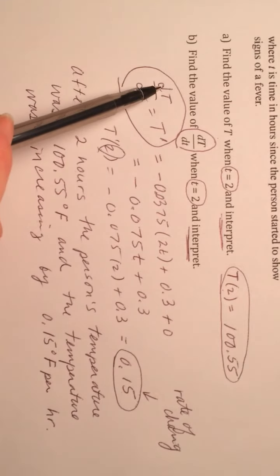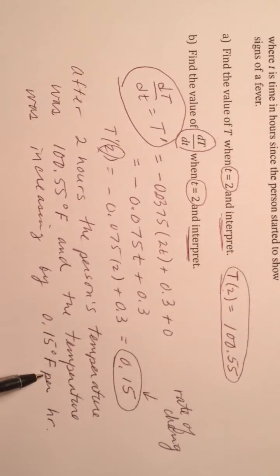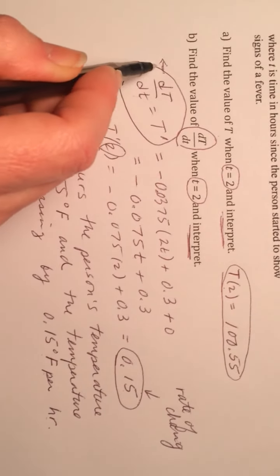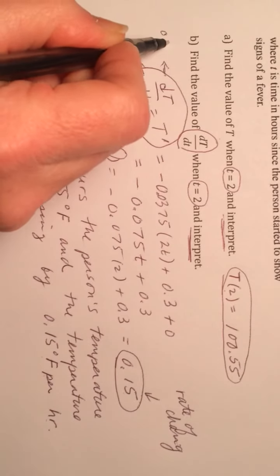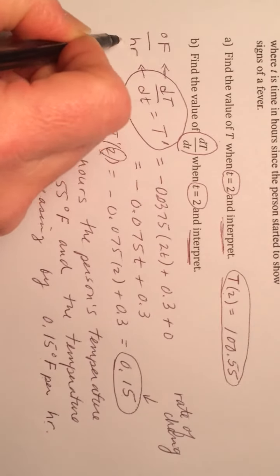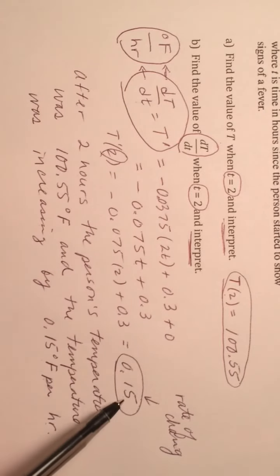That's because d capital T, that's the first thing, that's degrees Fahrenheit, comes first. Per hour, hour comes second. That's the very nice thing about this notation right here. Degrees Fahrenheit per hour. That gives us the units for that number right there.